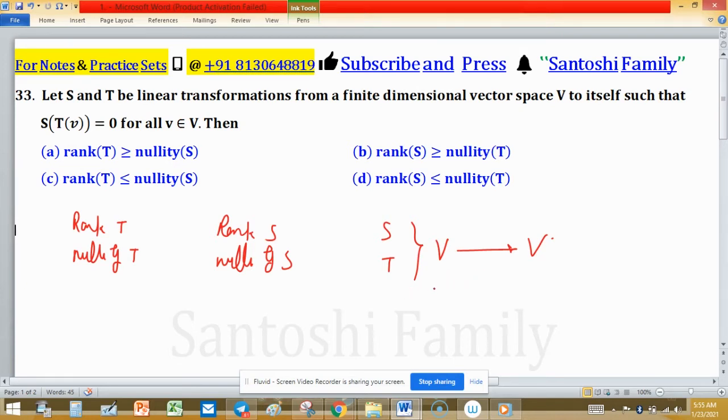And also it is given that it is a finite dimensional vector space. What will happen if it is not given to us as a finite dimensional vector space? Normally I write FDV for finite dimensional vector space.